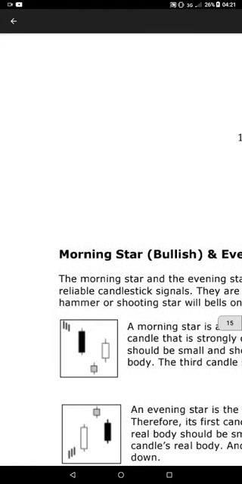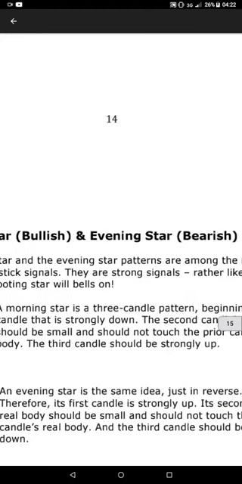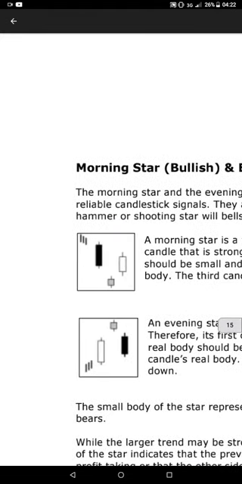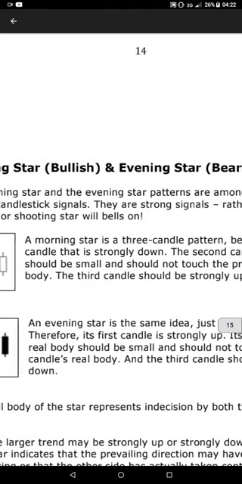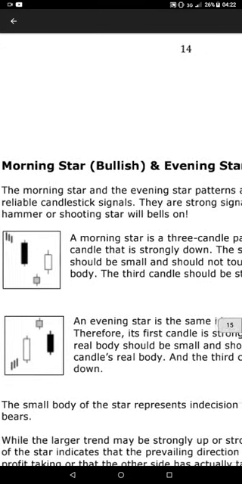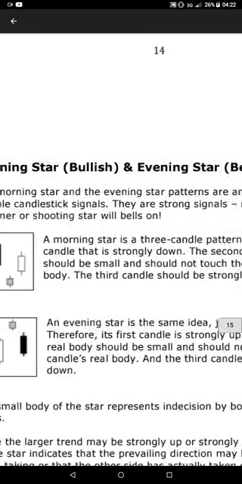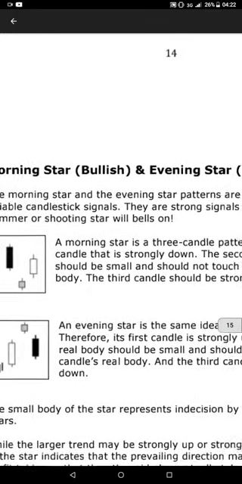Then we are going to the morning star, bullish, and evening star, bearish. The morning star and the evening star patterns are amongst the most reliable candlestick signals. They are strong signals, rather like a hammer or a shooting star.